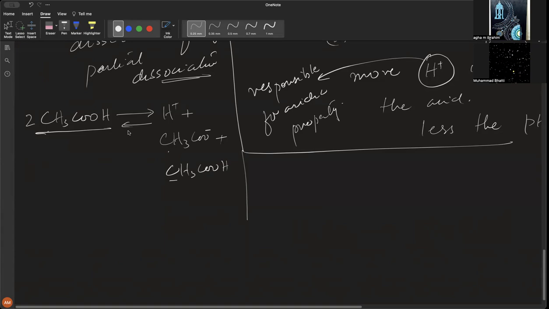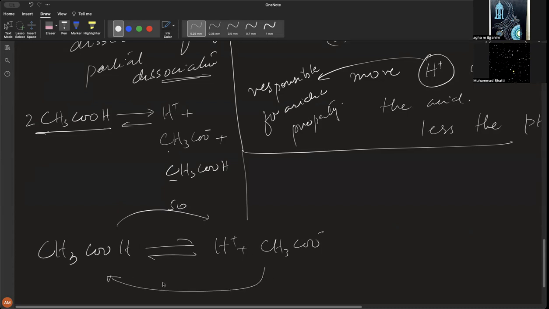All right, do you get it? Most of the time this is a reversible reaction like this. What this reaction means is that once 50% have converted, the rest of the 50% from here are going to turn back.